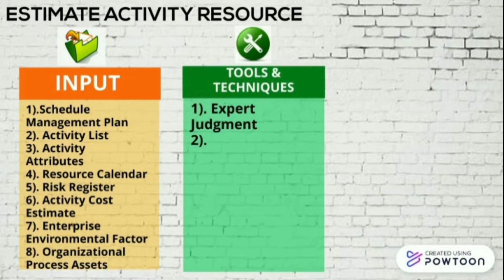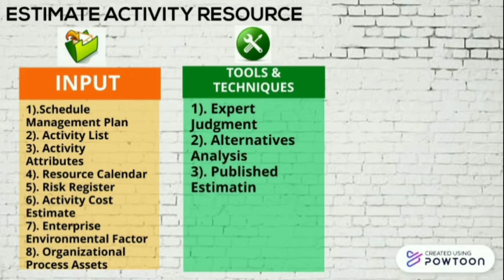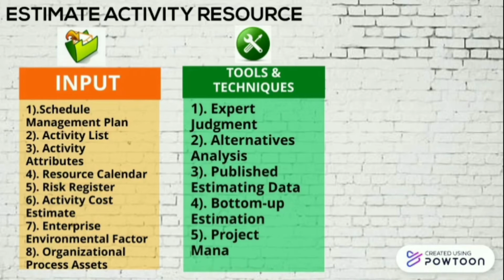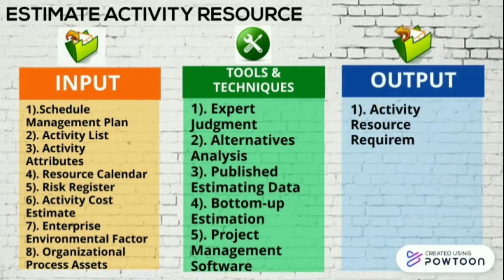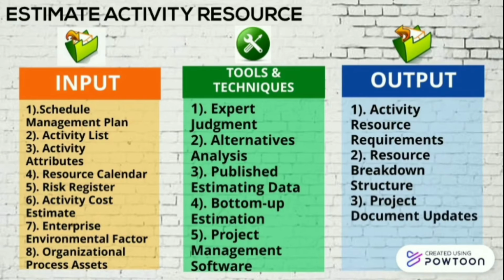These are expert judgment, alternatives analysis, published estimating data, bottom-up estimation, and project management software. The resulting outputs from this process include activity resource requirements, resource breakdown structure, and project documents updates.